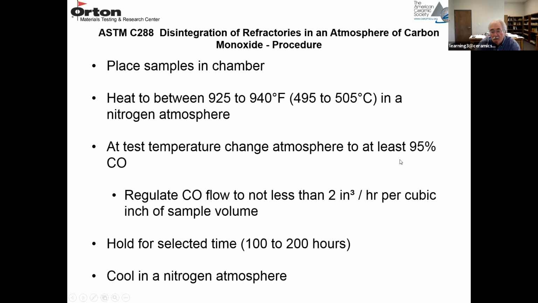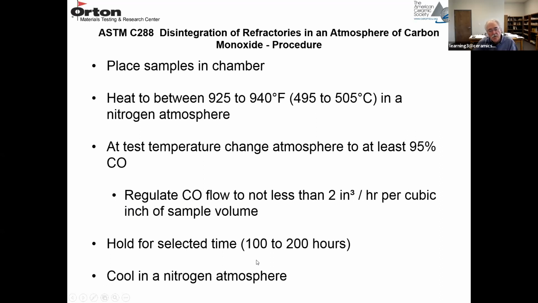And that gas has to have at least 95% carbon monoxide. And you have to flow the CO at a rate of at least 2 cubic inches per hour per cubic inch of sample volume. So it has a minimum flow rate.